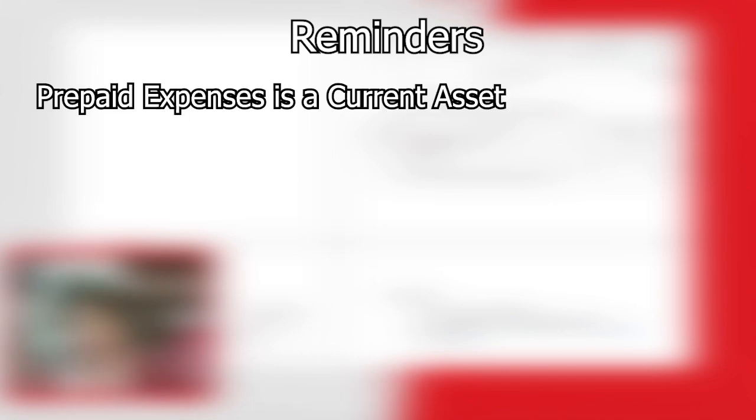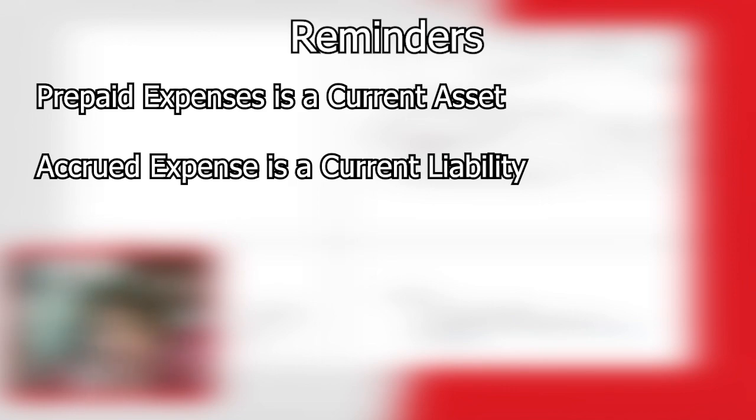So if we're going to carry any balances forward, just remember prepaid expense goes on the current asset, accrued expenses goes on the current liabilities. This is important to remember. Make sure we get those right because accrued we do owe. So I just really want to reiterate here.